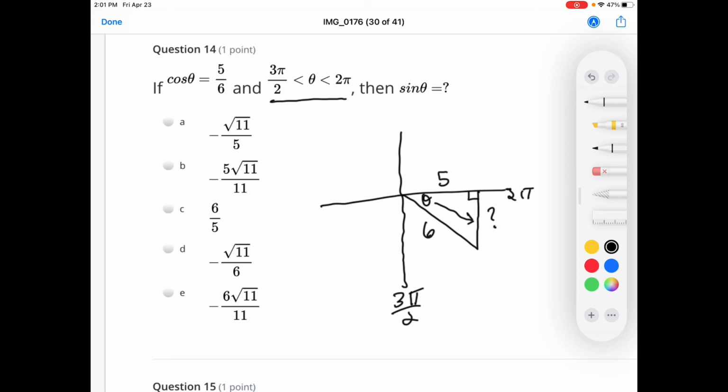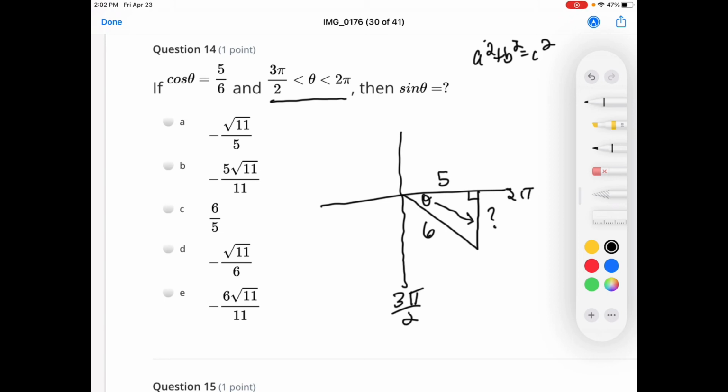So the opposite side, we know it's going to be a negative y value. It's going to be a negative opposite side because it's going down. And so we're going to do the Pythagorean theorem. You can probably figure out on the answer choices what the opposite side is, but let's go ahead and do the theorem just to show you how. So we have our hypotenuse C. We'll have A, we'll call it 5.